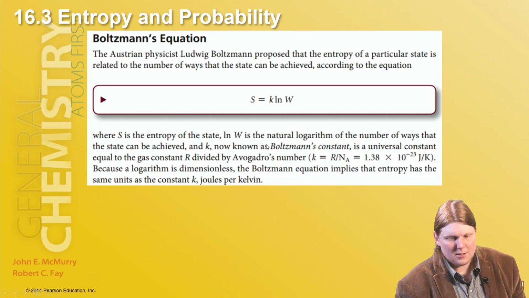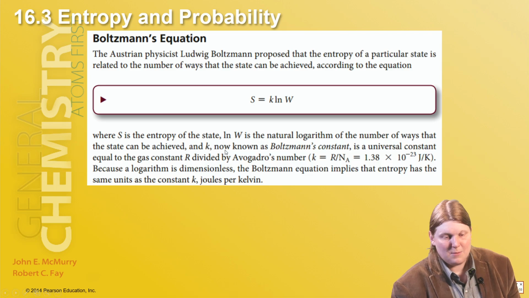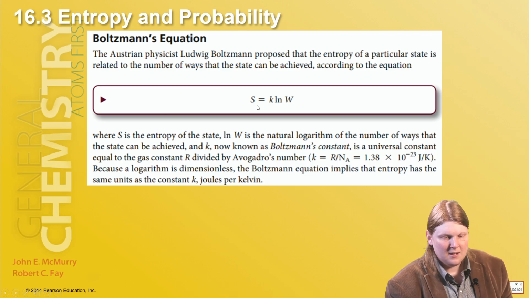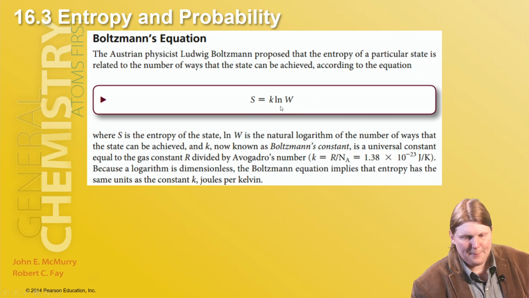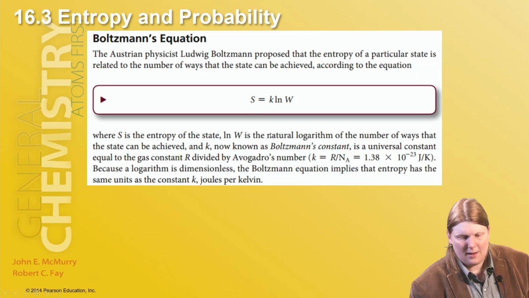That's what's related to this W, the number of ways the state can be achieved. The entropy of a state is equal to some constant times the natural log of the number of ways that state could be entered into. So if there's only one, then we'll see what ends up happening to that. But the more different ways that can happen, the bigger this number gets, and so the more entropy this state has.